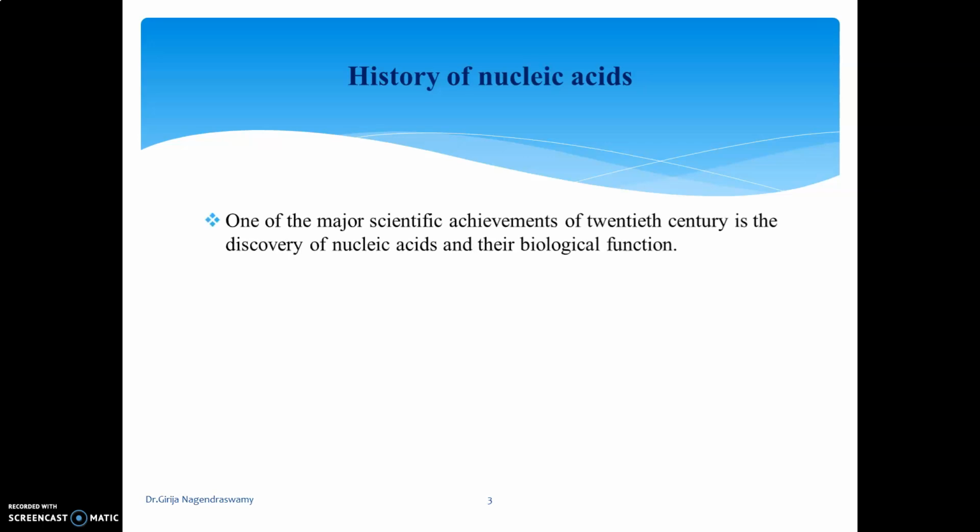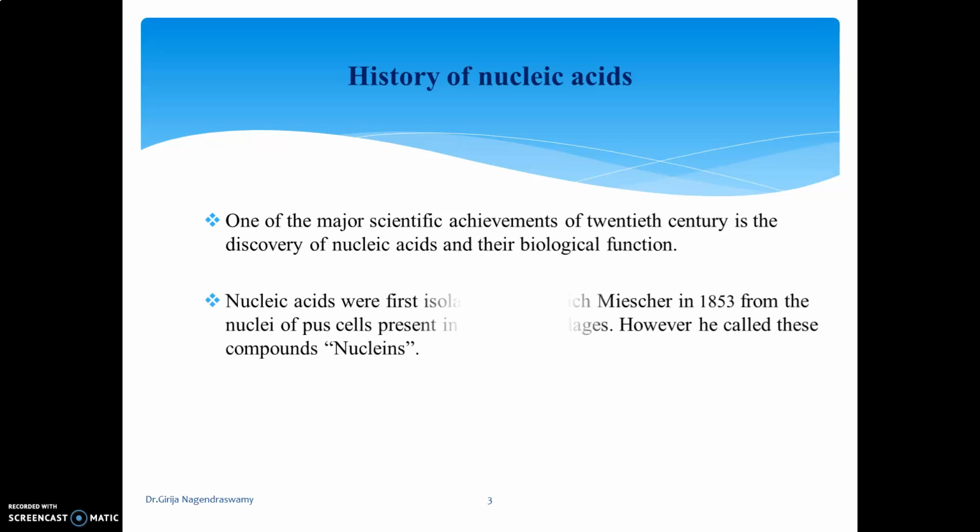Contents of this video are definition of nucleic acids, occurrence of RNA and DNA, components of nucleic acids, history of nucleic acids. One of the major scientific achievements of 20th century is the discovery of nucleic acids and their biological function.